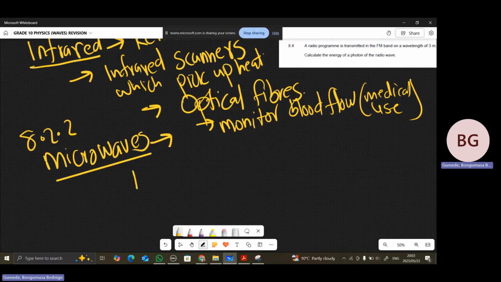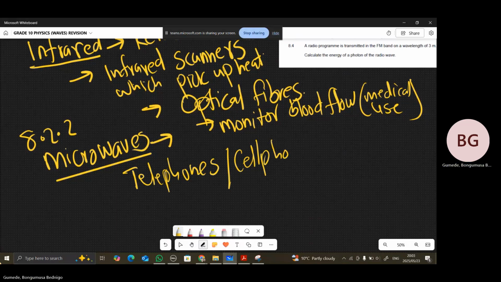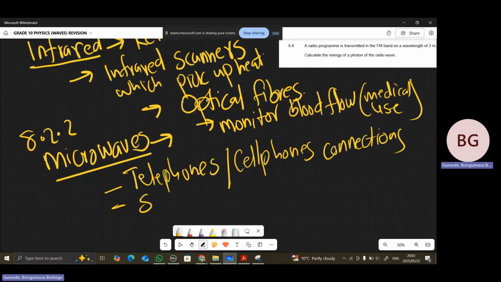Microwaves: our cell phones, telephones, they use microwaves. We can also have satellites to connect with us.